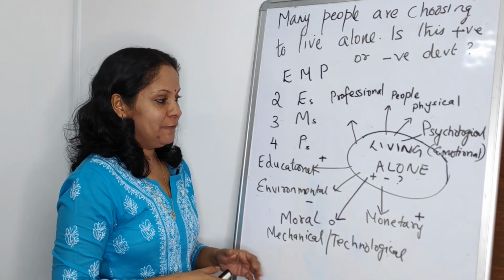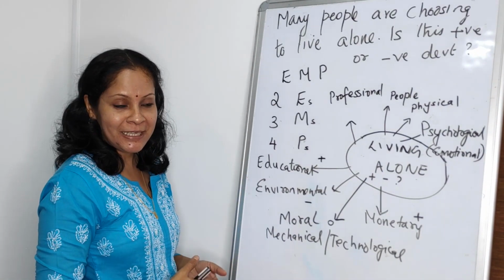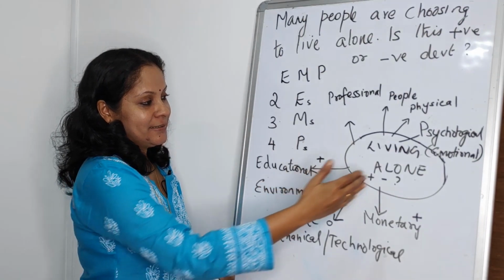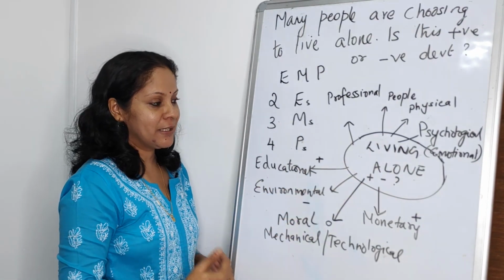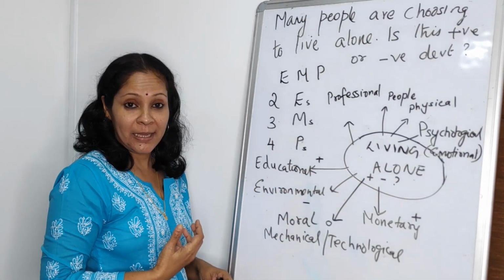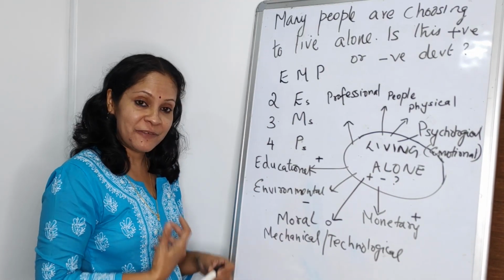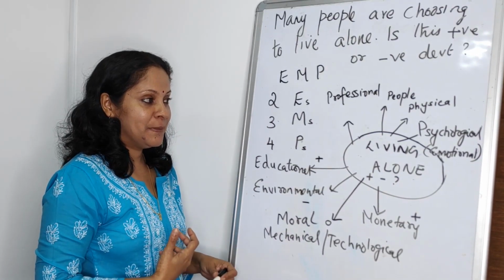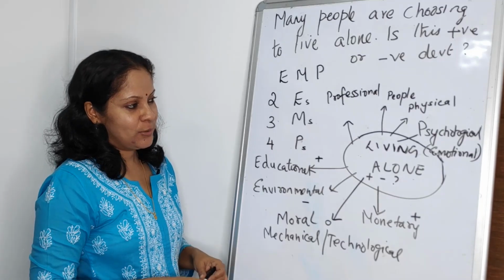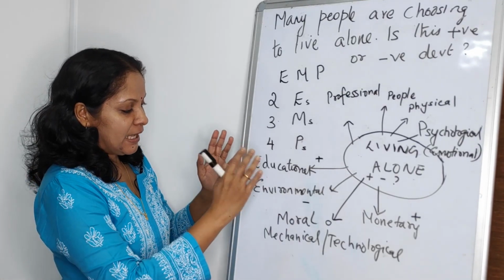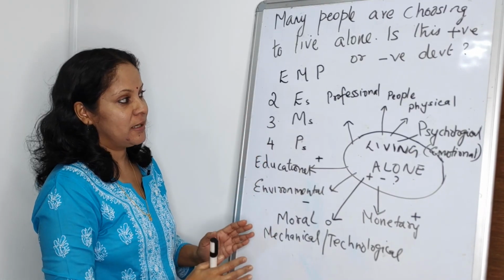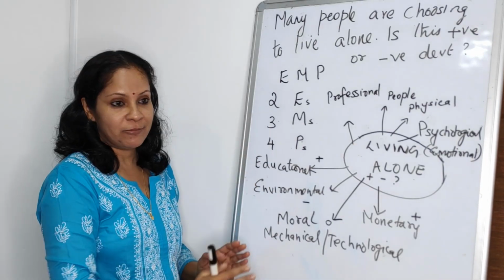On the other hand, if you're somebody who looks at it positively, you can say that there is a psychological benefit in living alone. A person will have a lot of me time, a lot of privacy, and that will help him to develop as a person. So it's up to you to adapt this EMP formula into either positive or negative development.